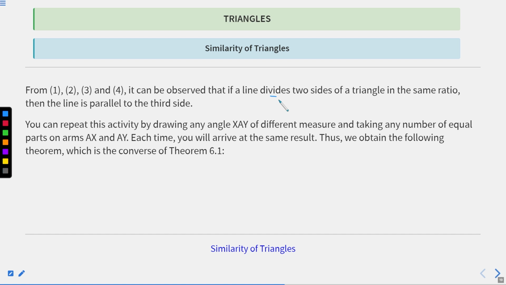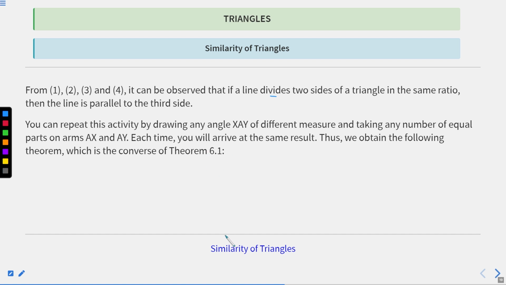You can repeat this activity by drawing any angle XAY of different measure and taking any number of equal parts on arms AX and AY. Each time you will arrive at the same result. Thus we obtain the following theorem, which is the converse of theorem 6.1.